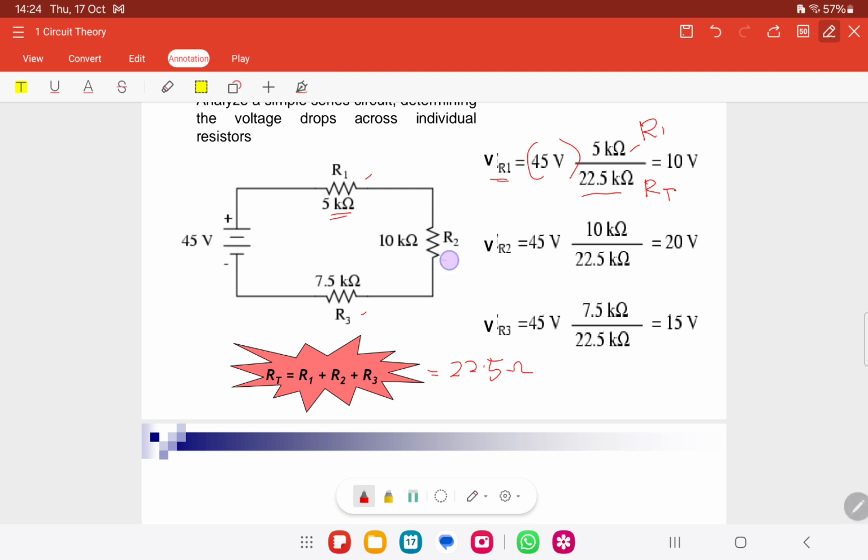Okay, for the second one is 10, R2 over R total.